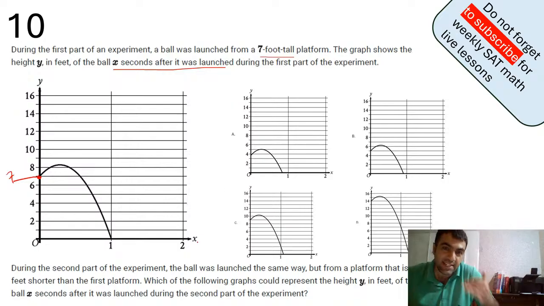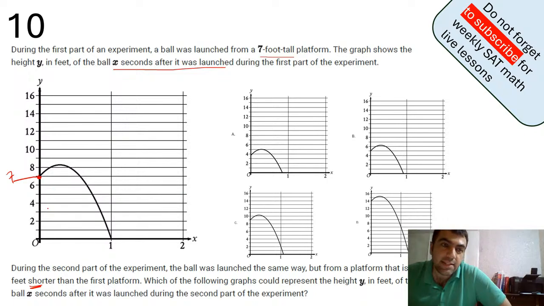And the question is this. During the second part of the experiment, the ball was launched the same way, but from a platform that is 2 feet shorter than the first platform. 2 feet shorter. Which of the following graphs could represent the height y in feet of the ball x seconds after it was launched during the second part of the experiment?